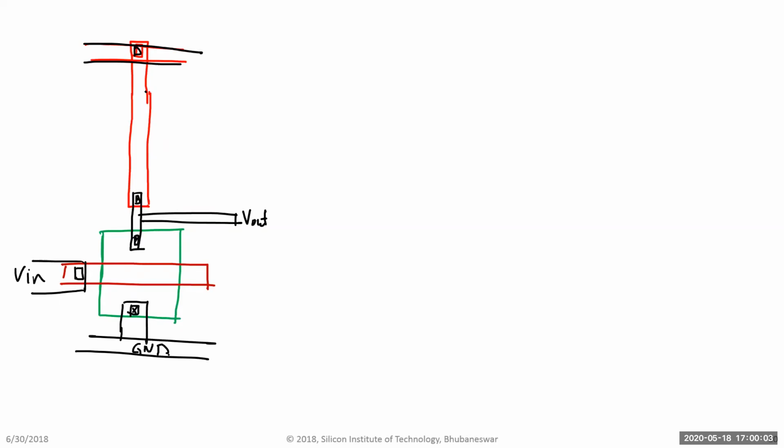Now let me call this LR. This one is the length of the resistor, and this is the WR. So your total R value is rho sheet times LR over WR.